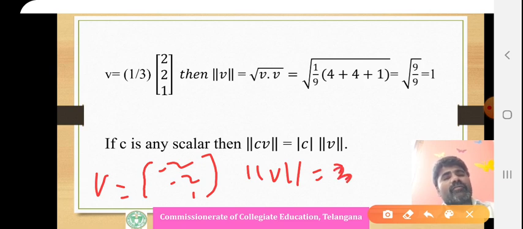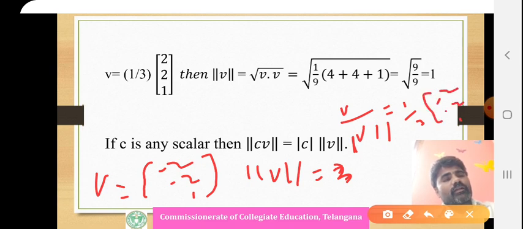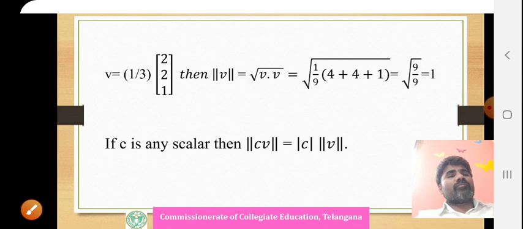Now divide this by 3: v by norm v is 1 by 3 into minus 2, 2, 1. This is v by norm v. Its length is 1. Since we are squaring, minus 2 and 2 do not matter. Squaring gives 9, and 9 by 9 equals 1.